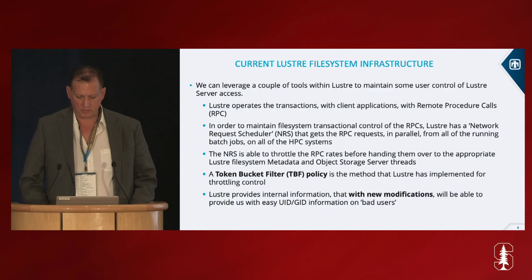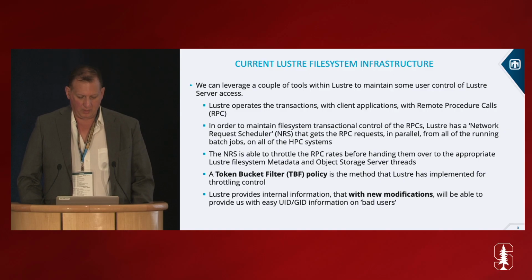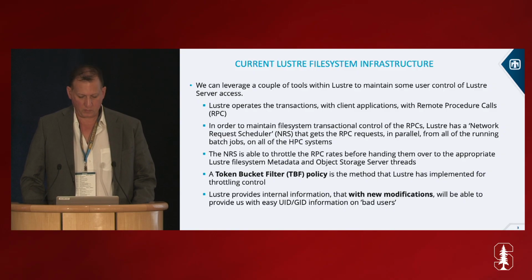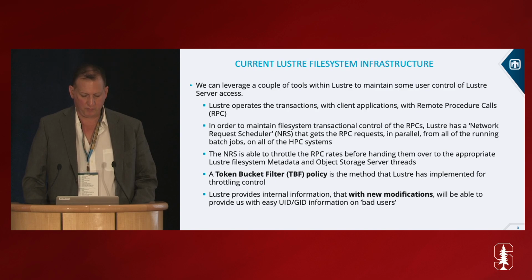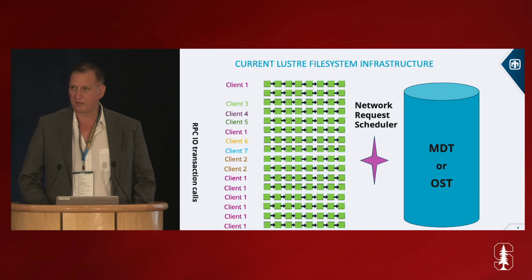That's built into the Lustre file systems so it can respond to transaction requests, whether that be read, write, or metadata operations on the file system. It gives us some throttling control with the token bucket filters, so we use those to modify the file system interactions so we can control things.